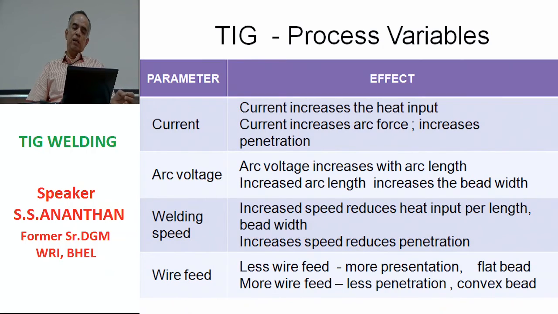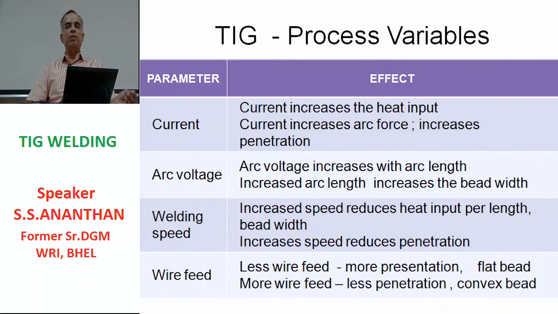As you increase the current, the heat input increases, the arc force increases, and hence penetration increases. If you want a higher heat input, which means you will be able to do a faster weld and get higher productivity, then you have to go for higher current. That's the first major factor one has to consider.